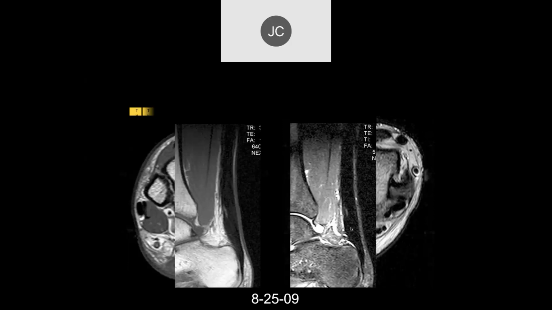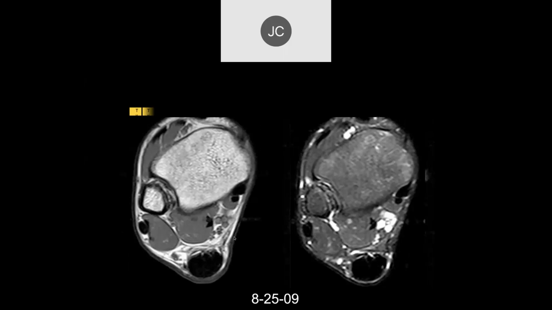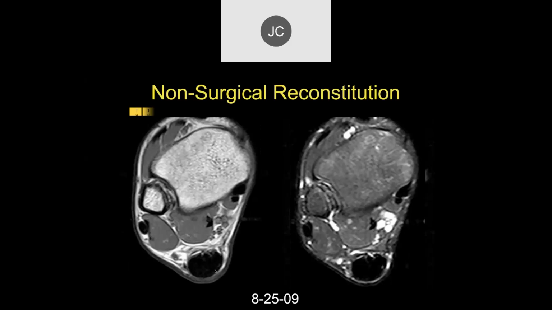They tend to be more randomly oriented, and therefore, even though it's a larger cross-sectional area, it's a much weaker tendon than the normal tendon was before it scarred in. The axial images show a nice rounded appearance of the tendon, which is very abnormal. The normal tendon is a little bit more of a thin, comma-shaped structure. So this is 1 year out after a large tear with healing.